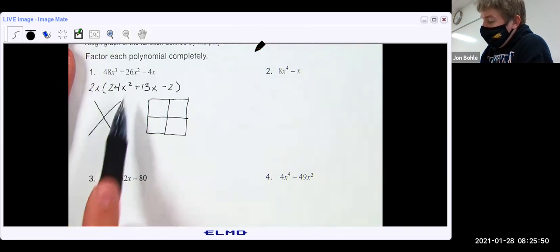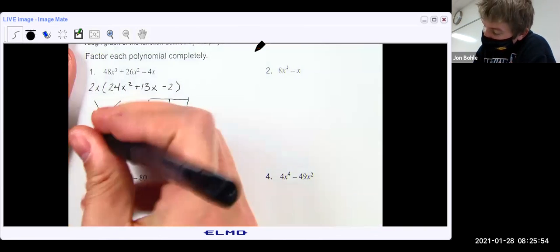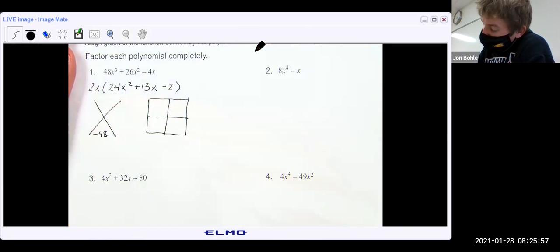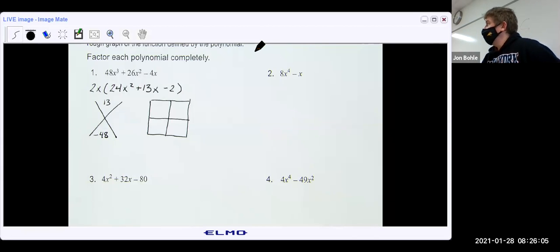Okay, A times C is going to go down here, so 24 times -2. And then the B value is going to go up top, which is 13. So I need numbers that multiply to -48 and add to 13.